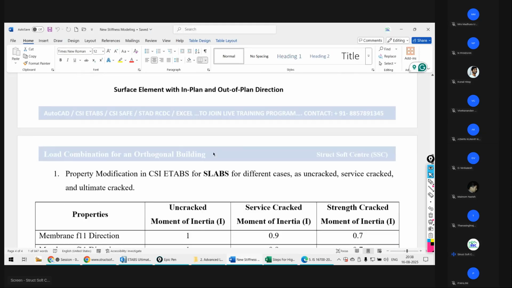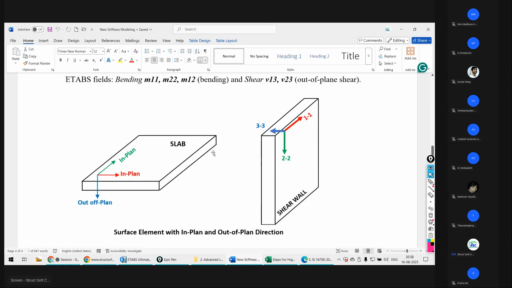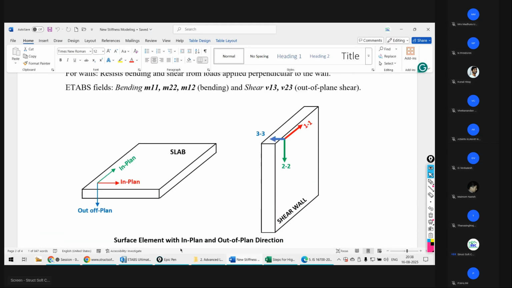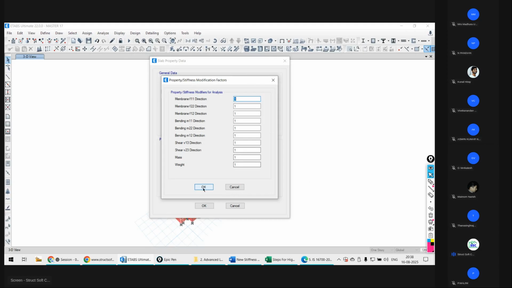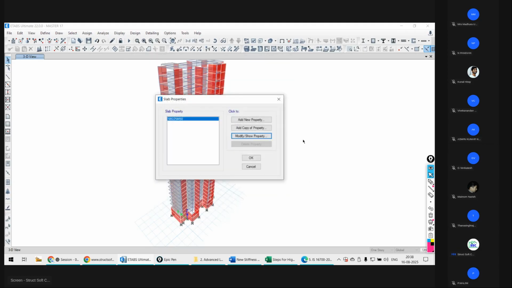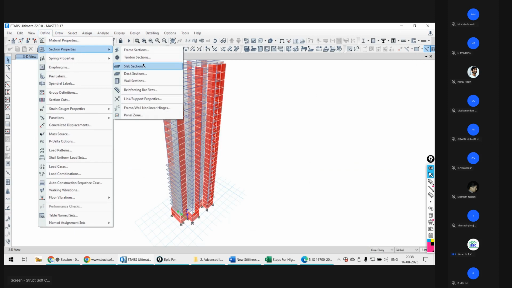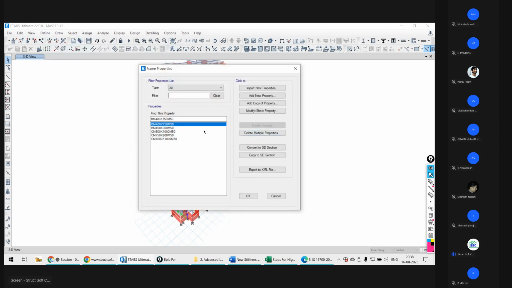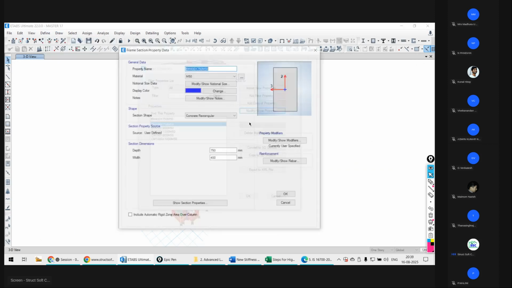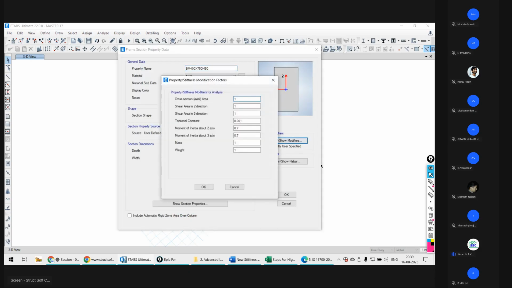Have a look at this figure. Understand what is happening when you are going to define this property modifier for this beam. By defining this property modifier you are making it free.